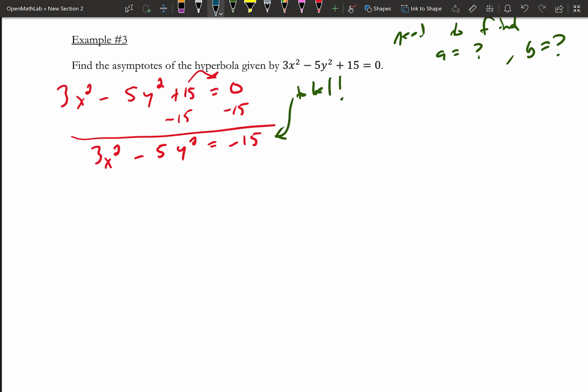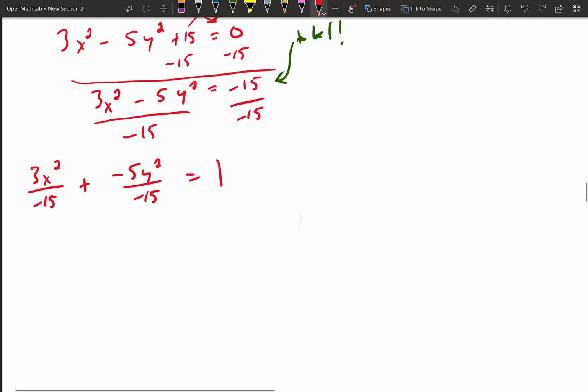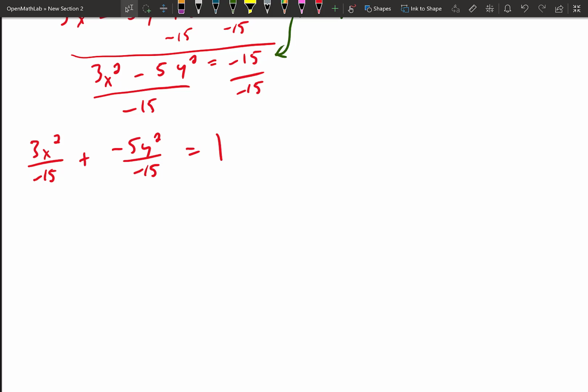So what I can do is divide both sides by negative 15, which gives me 3x squared over negative 15 plus negative 5y squared over negative 15 equals 1. Then we need to simplify these. 3x squared divided by negative 15 simplifies to negative x squared over 5, and then plus y squared over 3 equals 1.